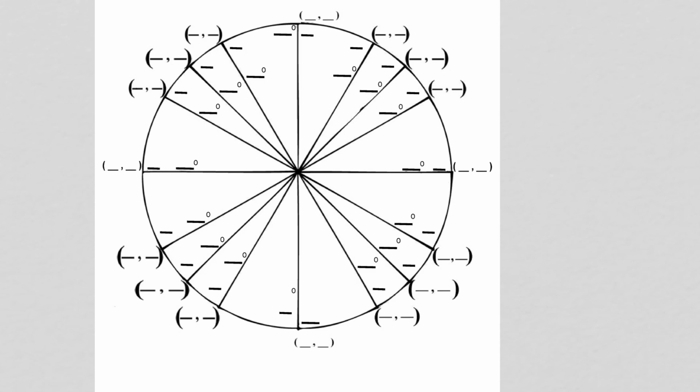And we just filled in some of these points, right? We just said that this point here was 1, 0. And this point here was 0, 1. We said that this point here was minus 1, 0. And this point was 0, minus 1.